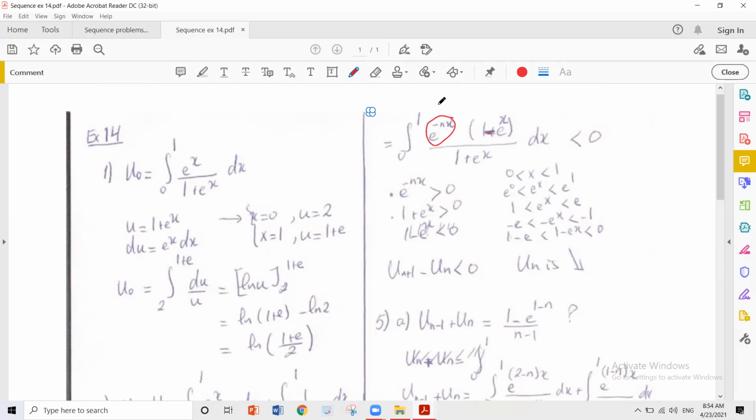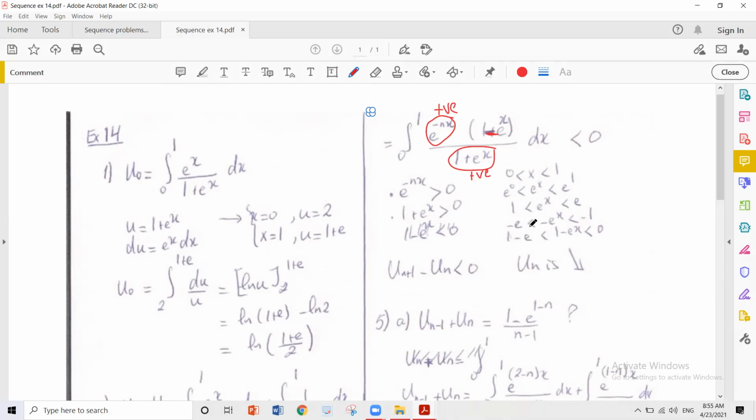This is positive. Here, x is between 0 and 1, e to the x is between e to the 0 and e to the 1.